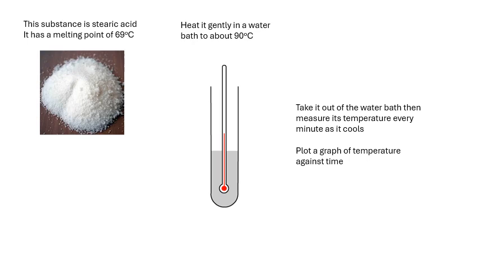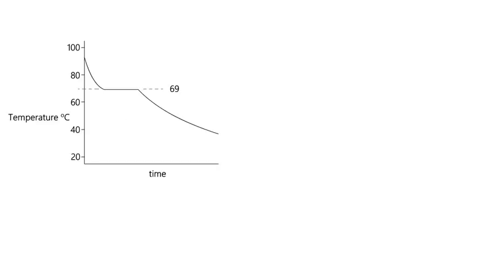And then you take it out of the water bath and you let it cool down, and you measure its temperature every minute as it's cooling down, and you plot a graph of temperature against time, and we get this graph here. Okay, so look at the temperature against time.